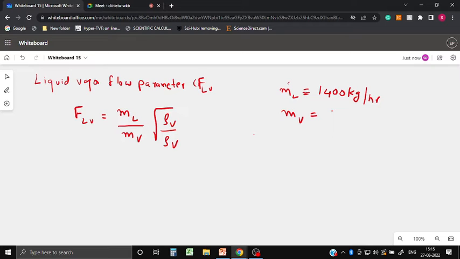So after substituting, we will get 1000. So can you please calculate this value and tell what will be the answer for FLV?